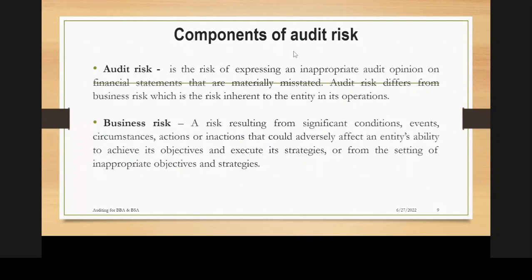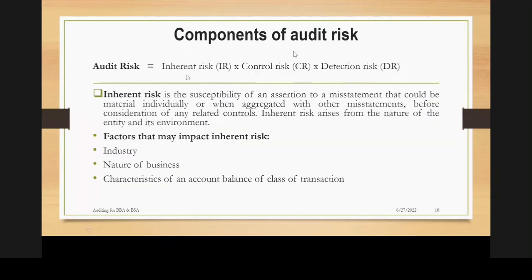Then business risk comes from the conditions and events that surround the entity's operations. When we talk about business risk, we are looking at inherent risk and control risk. When someone tells you audit risk is a combination of inherent risk, control risk, and detection risk, inherent risk and control risk are called business risks.